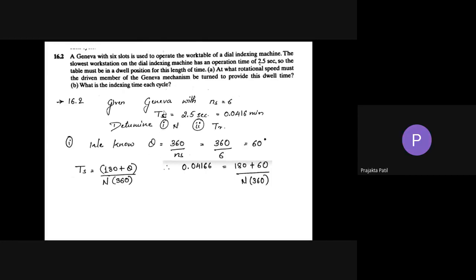The given value is not TC, it is TS. If the TC value is given, then you can use 1 by n, but this is not correct. This is not TC, this is TS actually. So the given value is TS, therefore you'll have to substitute it in this equation to find n.